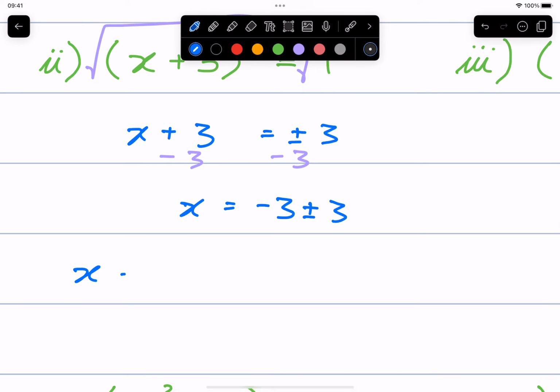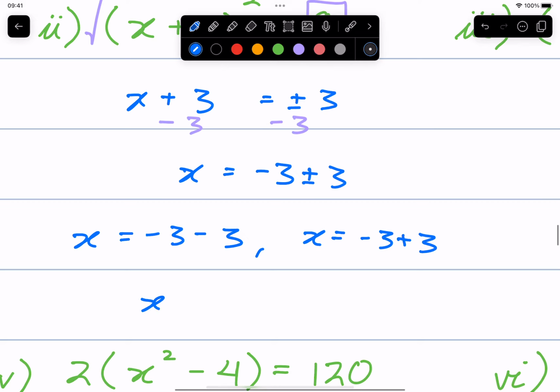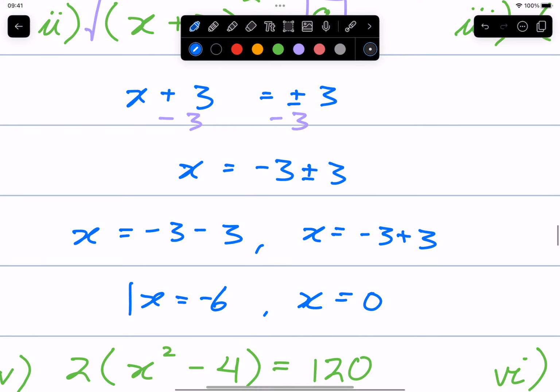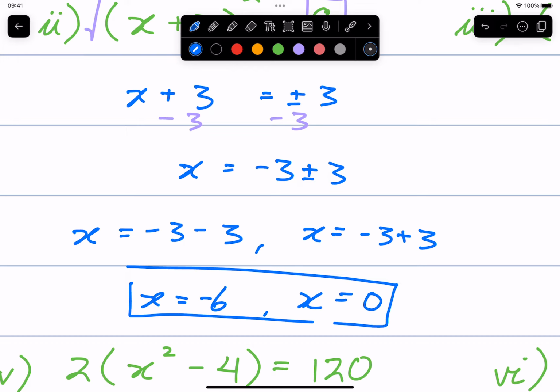And this will give us x equals negative 3 minus 3 and x equals negative 3 plus 3. And from here, I hope you can see that the two solutions are x equals negative 6 and x equals 0. So both answers are possible.